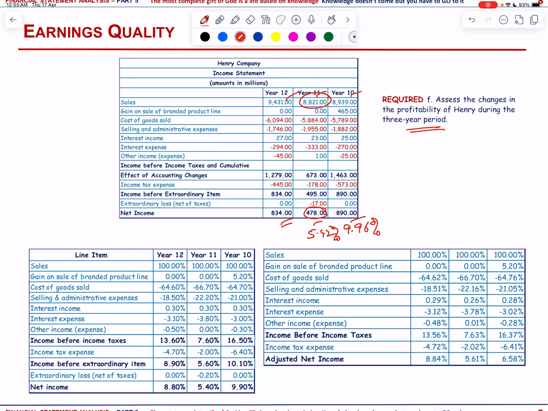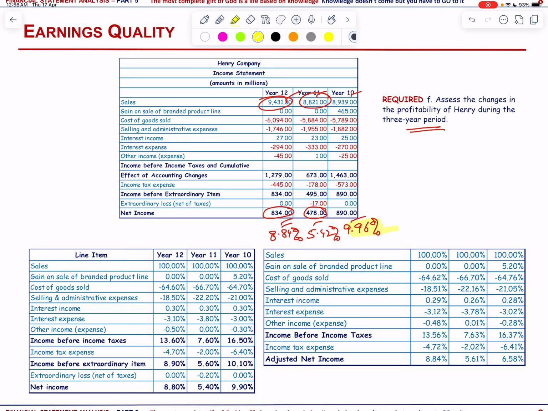And for the year 2012, it is 834 divided by 9431, that will be equal to 8.84%.